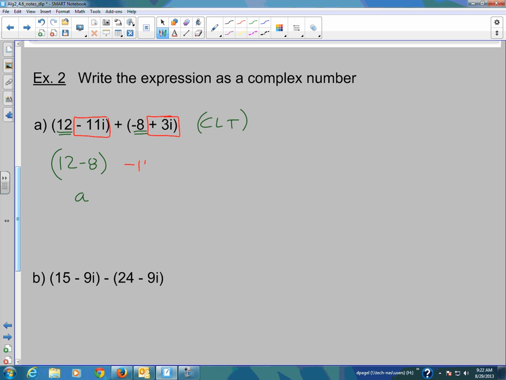So we have a negative 11 plus a 3. Now we just simplify that. So 12 minus 8 is 4, negative 11 plus 3 is negative 8i, and there I am in my standard form.